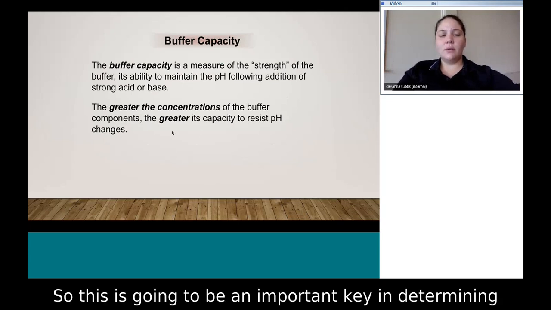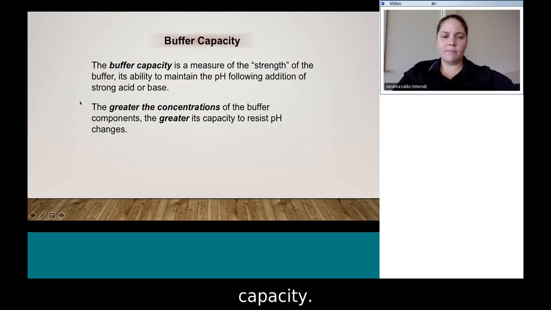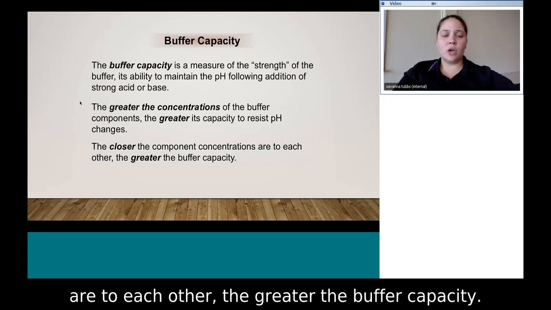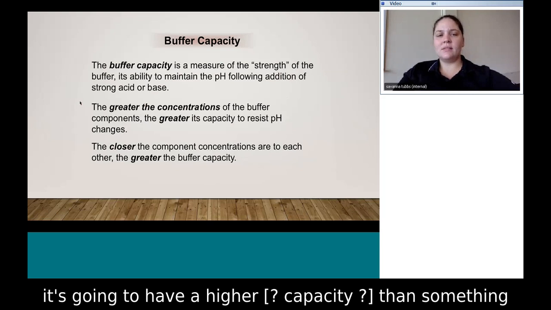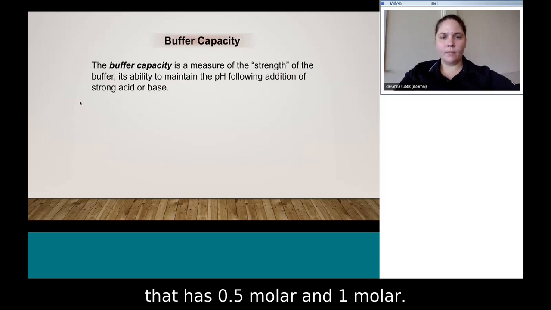So this is going to be an important key in determining whether something is going to have a higher or lower buffer capacity. The closer the component concentrations are to each other, the greater the buffer capacity. So for instance, if I have 1 molar of each, it's going to have a higher capacity than something that has 0.5 molar and 1 molar.